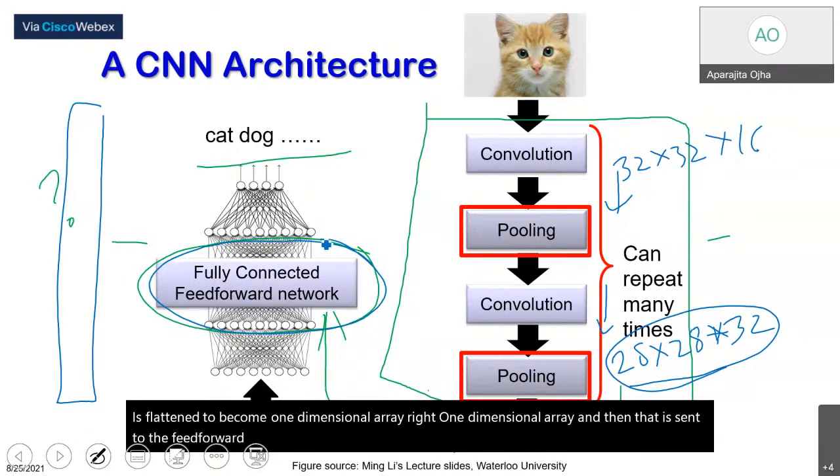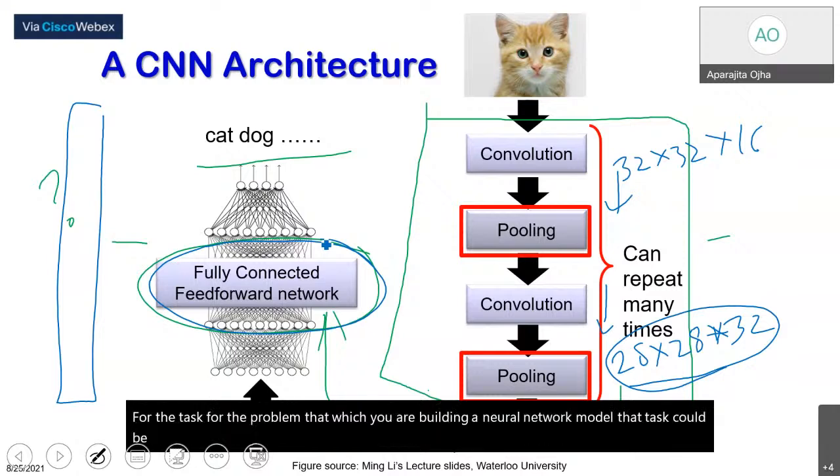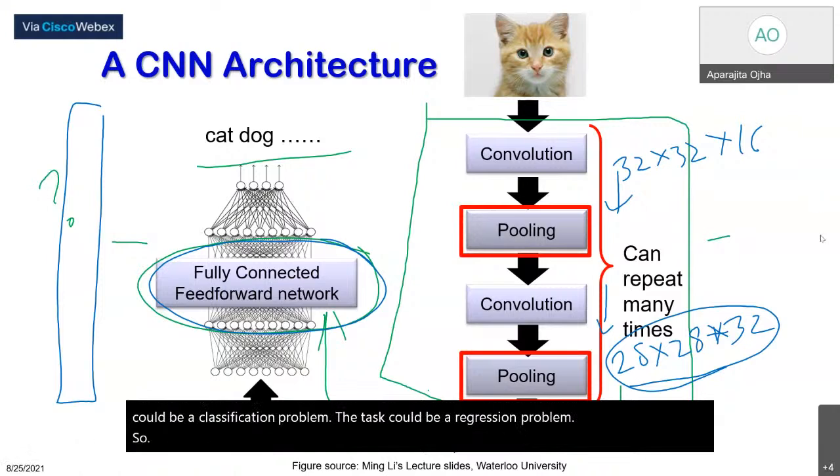What for? For the problem for which you are building a neural network model. That task could be a classification problem or a regression problem. There are several questions, and I will be answering them one by one. Please don't worry. Feature extractor means, is it eye, ear or cat identification?